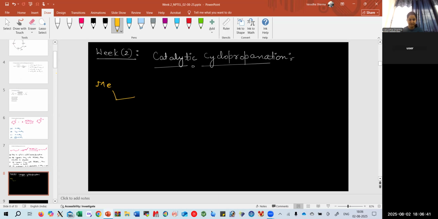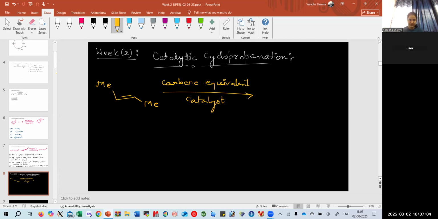So if I have an olefin, or you can call it an alkene, in the presence of the carbene equivalent and the catalyst, we expect it to form one more carbon, because the carbene will give you the CH2 group.